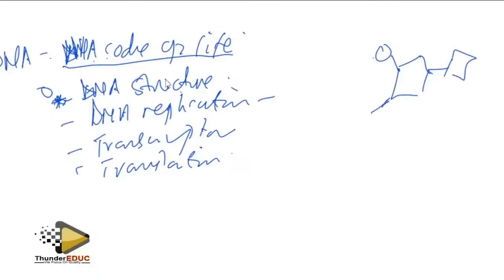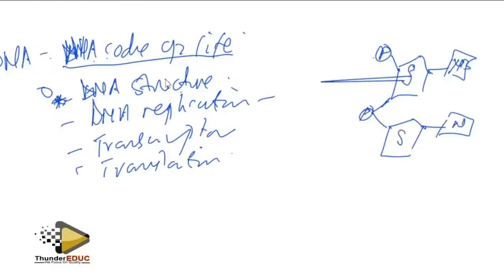And these nucleotides have different parts, whereby this is a phosphate, this is a sugar, and this is a nitrogenous base. Remember, this side you also have the same kind of structure.